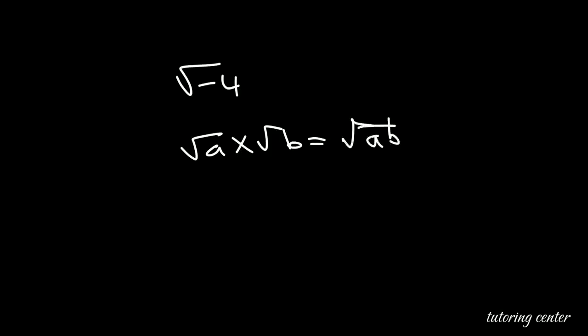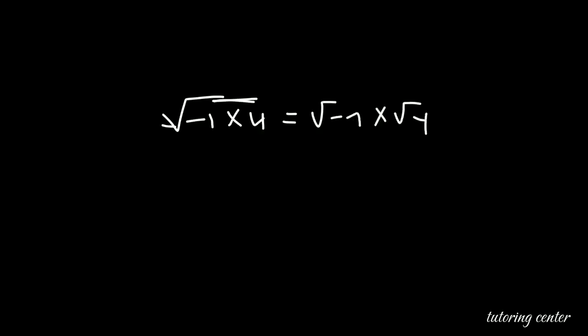This therefore means that the root of -1 times 4 is equal to the square root of -1 times the square root of 4, and therefore that is the square root of -1 times 2, and we know that the square root of -1, by the definition I just gave, is i.